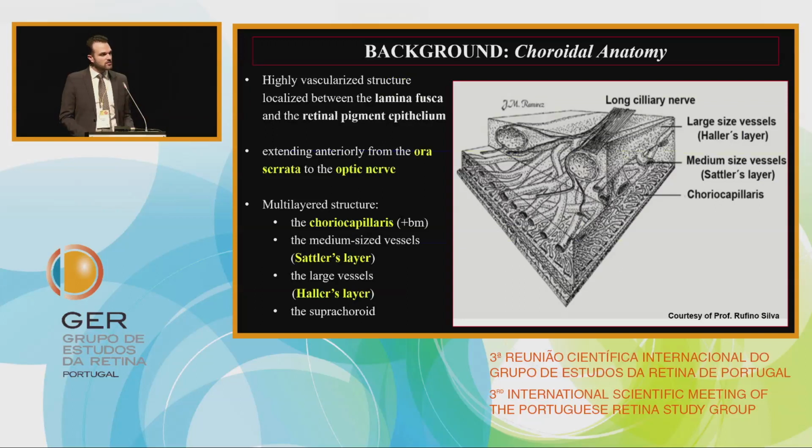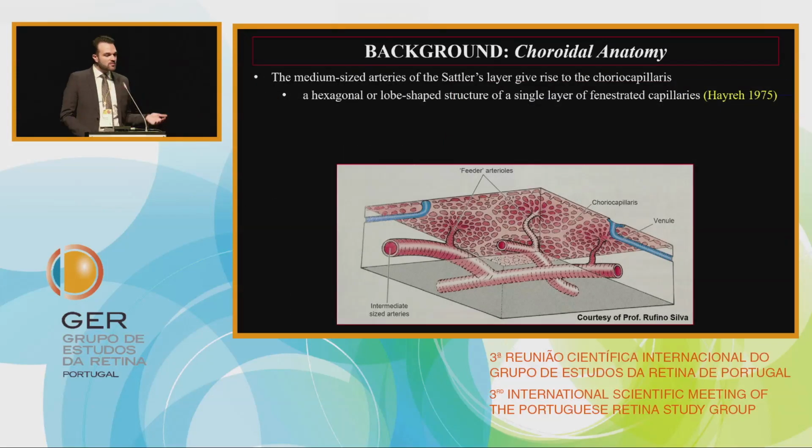The medium-sized vessels are also known as Sattler's layer, the large vessels as Haller's layer, and the suprachoroidal space. The medium-sized arteries of Sattler's layer give rise to the choriocapillaris, which has a hexagonal or lobular structure with a single layer of fenestrated capillaries.